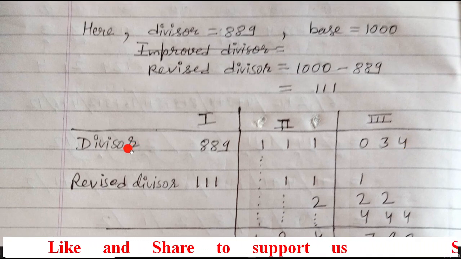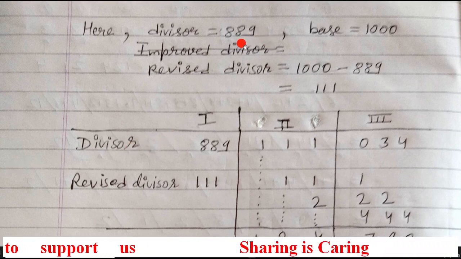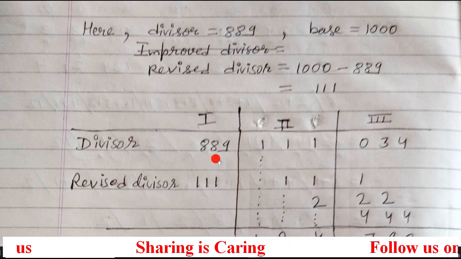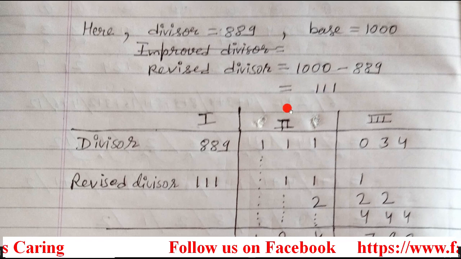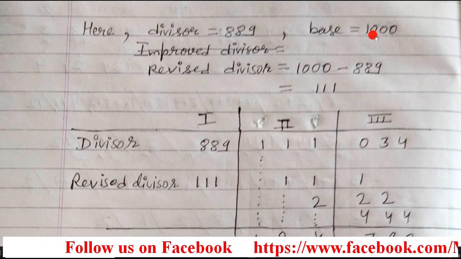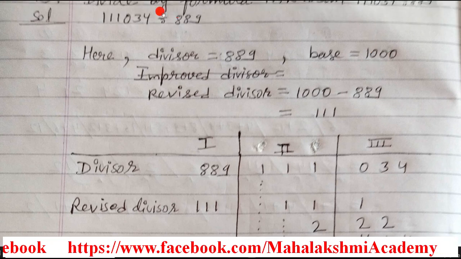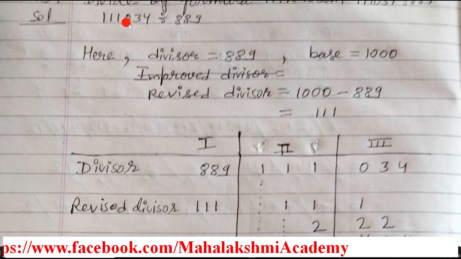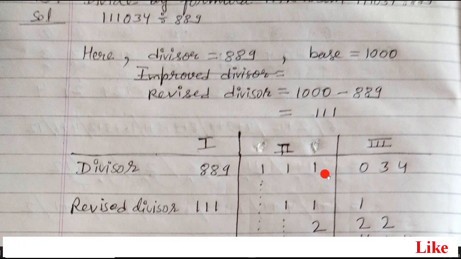Here, divisor, you know what is the divisor for us. The divisor is how much? 889. So we will write here 889, and the revised divisor which we obtained is 111. Now in the base, since 3 zeros are here, from the dividend, just see our dividend is this. From this dividend, from the back 3 numbers will enter in this section. Once again I am repeating. Here students get confused about how many digits will enter in which sections. So it's very easy.